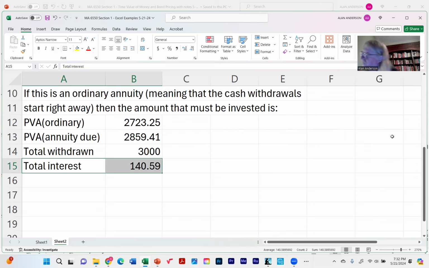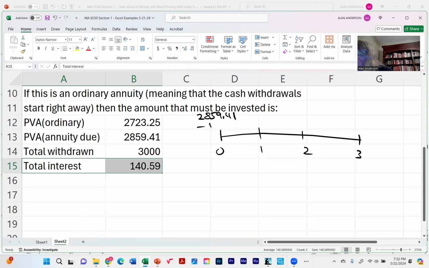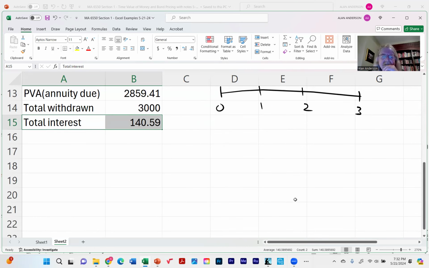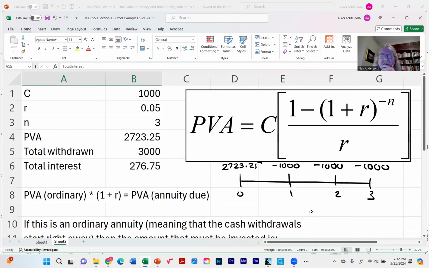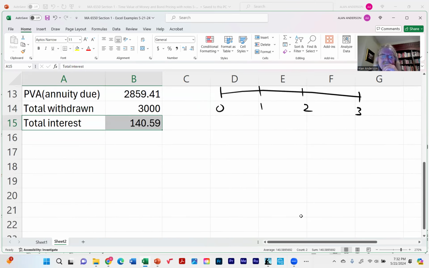So here, it's a little strange. You're putting money in and then you're taking it right back out again. But you would deposit 28, 59, 41, minus 1,000, minus 1,000, and then finally minus 1,000. And that's what these cash flows look like. All right. That's the difference between the two.